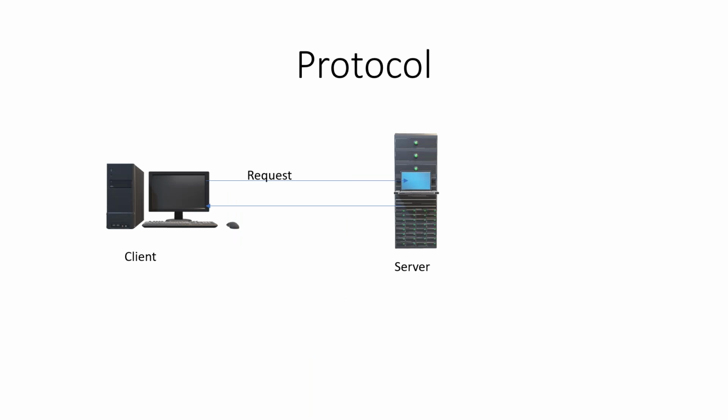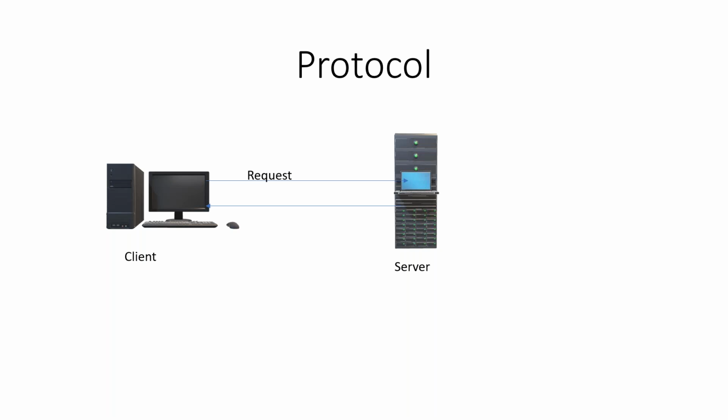And you know this protocol, right? For example, if one component wants to interact with another component, it should follow some set of rules. If I'm a client sending a request to a web server, the web server should understand what I'm sending.